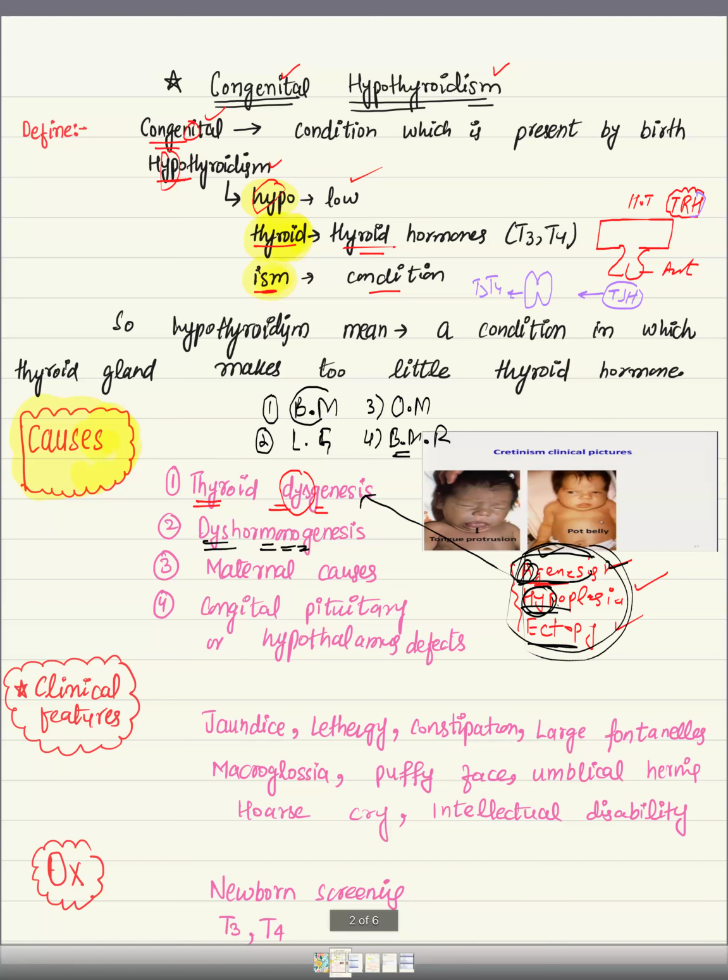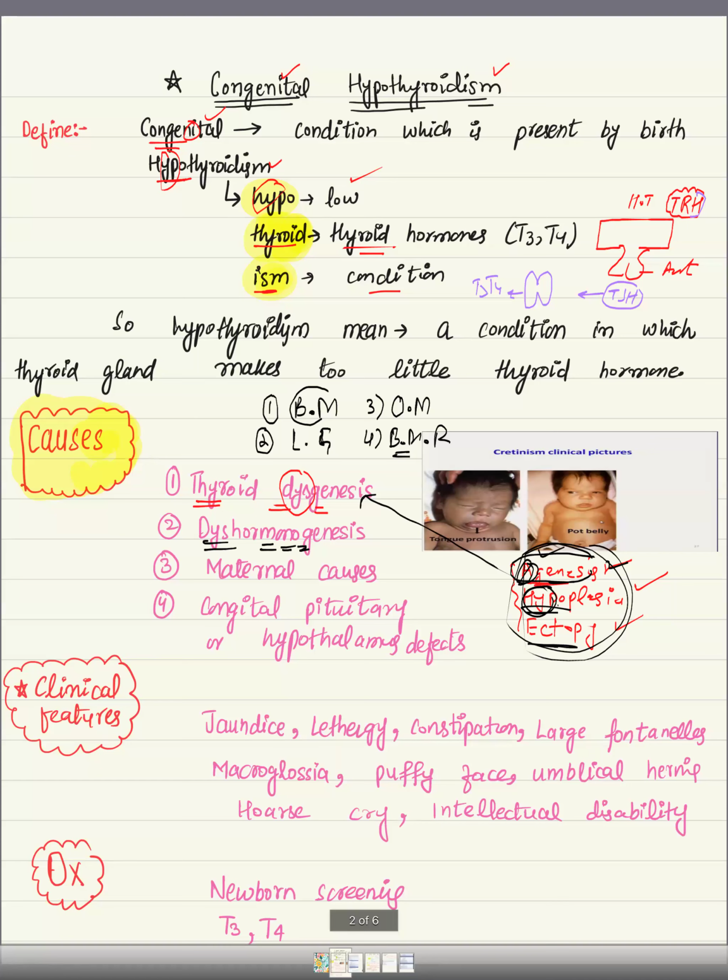Now we have to understand the examples in which your thyroid gland is not going to make the thyroid hormone. First, remember that in the thyroid gland we have one enzyme called thyroid peroxidase, TPO. This enzyme is very important for the formation of T3 and T4.